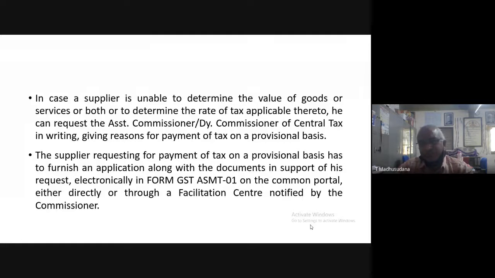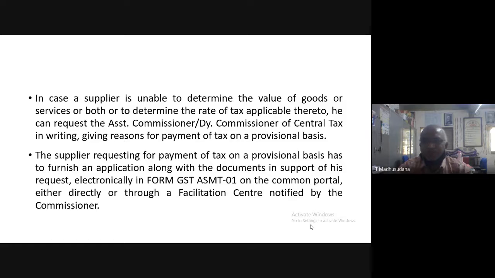Okay, so the supplier requesting for payment of tax on a provisional basis has to furnish an application along with the documents in support of his request electronically in Form GST ASMT-01 on the common portal, either directly or through a facilitation center notified by the commissioner.